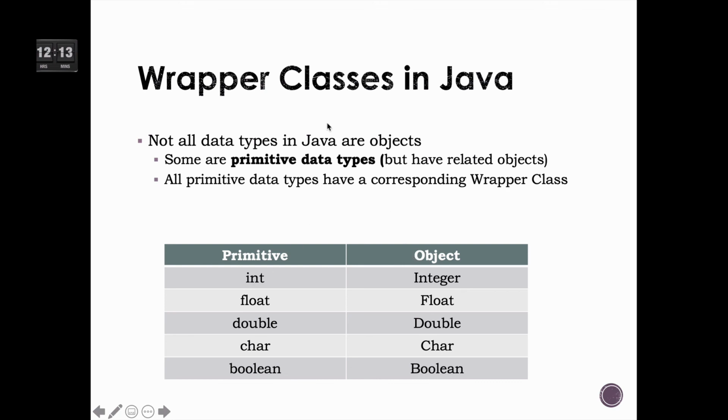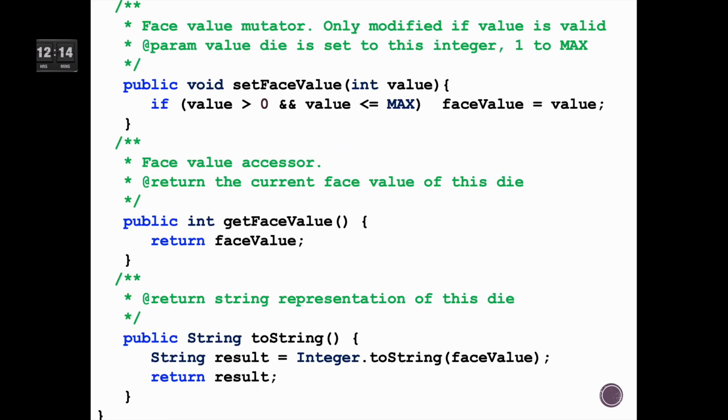So Java provides so-called wrapper classes, which contain not only space for a particular integer to be held, like face value, but also methods that apply to particular integers. So inside Integer, you may expect to find a method called toString, which would actually produce a string for anybody else to use.